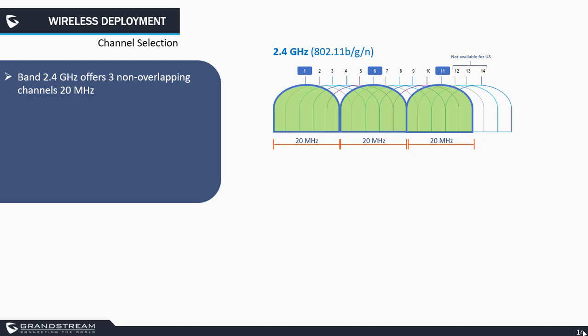And this is why it is always recommended to use these channels, especially when your access point is using 2.4 gigahertz. If you are in a different country that supports 13 channels, you can still use 2, 7, and 12, or you can use 4, 8, and 13. These are channels that don't overlap with each other.